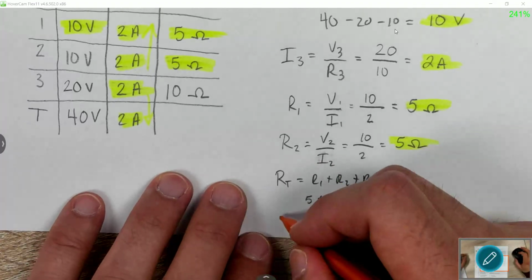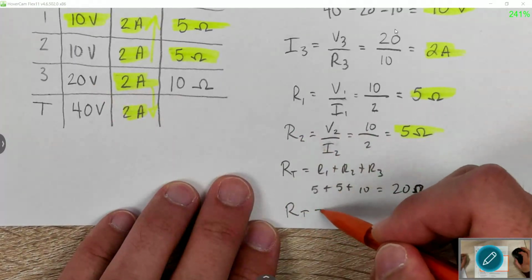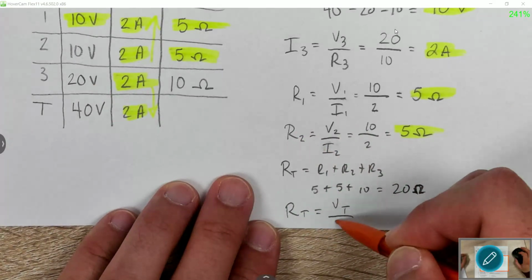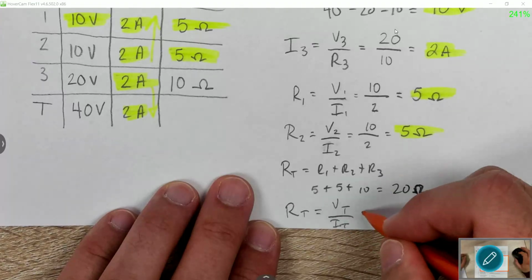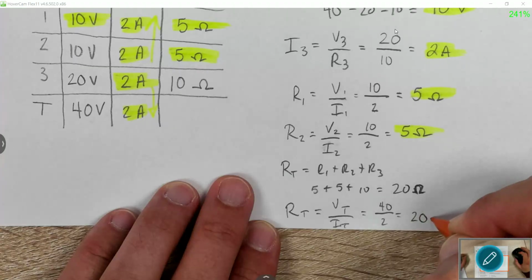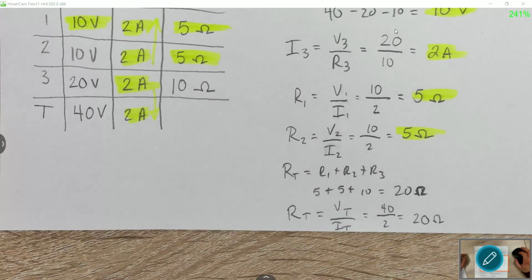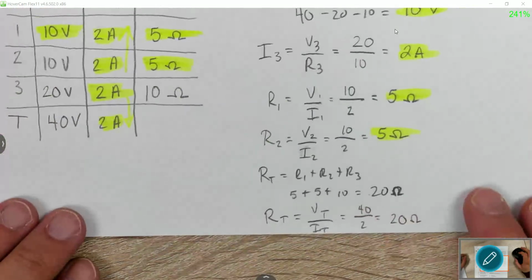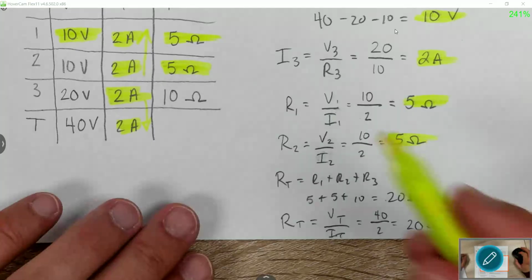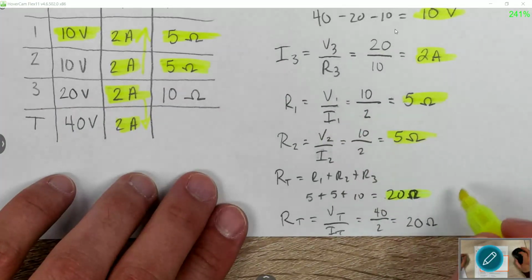And then you could have done it, because of the Ohm's law triangle, RT would be VT over IT, and 40 divided by 2 is also going to give you 20. So either method works, okay? There will be some times where you can use either or. You could use a rule, or you could use the triangle. Two in the same row, use the triangle. It's up to you on how you want to do it, okay?